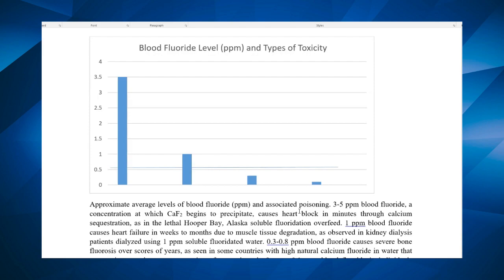It's not at a level where it precipitates calcium from the blood, obviously. That was up here at the 3.5. But chemists have proven that it's an ionic exchange mechanism where the fluoride is able to bind more tightly to the hydroxyapatite in the bone better than a natural hydroxide that's already there. So it displaces it. It just interchanges with it.